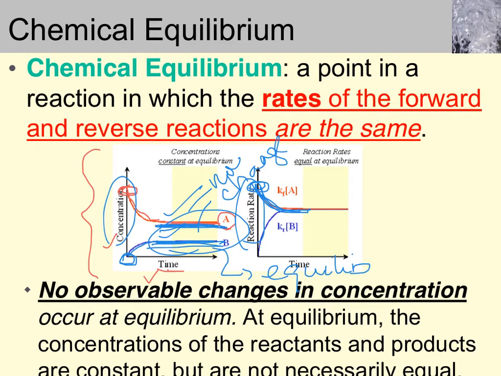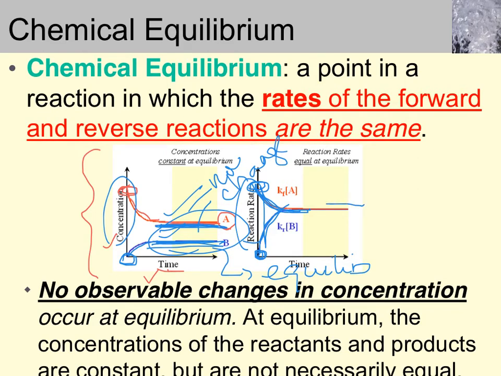Conversely, the rate of the reverse reaction starts at 0 because there aren't any products to go in reverse in the beginning. The rate of the reverse reaction picks up with time because as you build up more product, the products undergo more collisions with each other and can reform reactants.